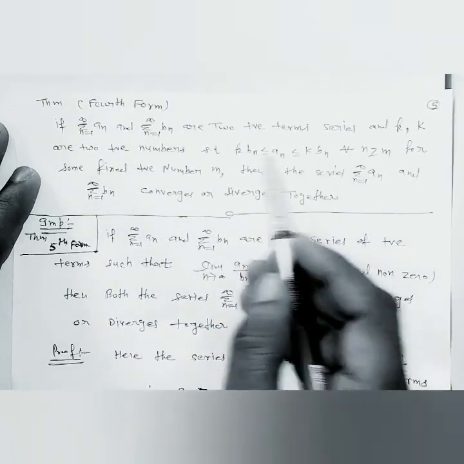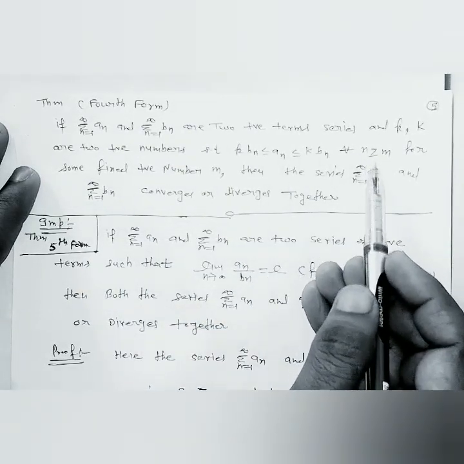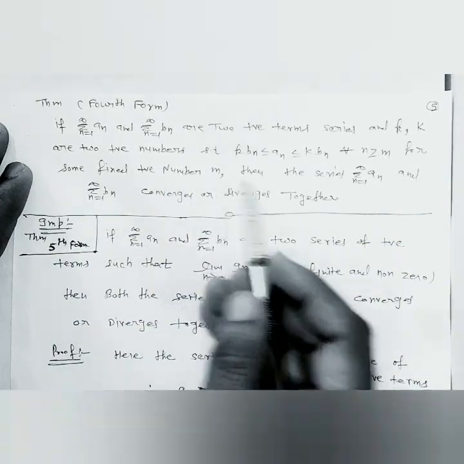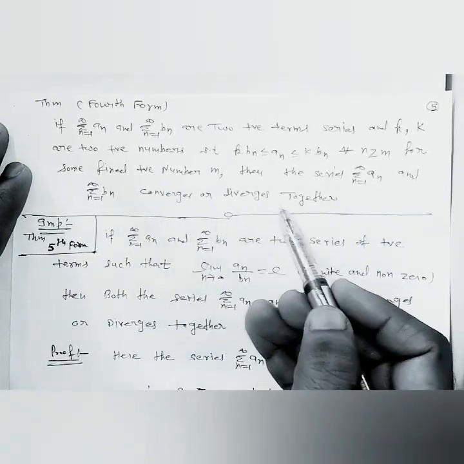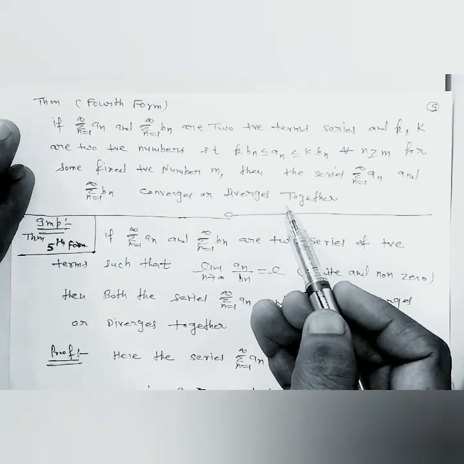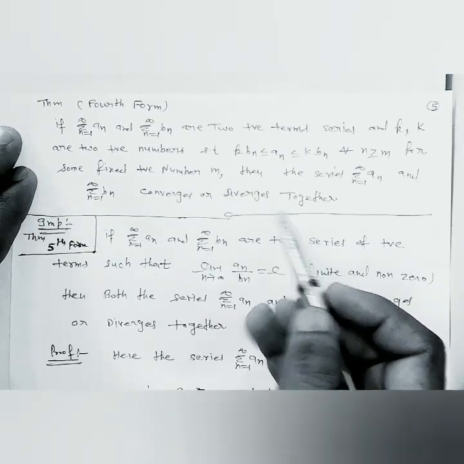In the second form, that is true for all n, and here that is true for n greater than or equal to m for some fixed positive integer m. Then show that series an and bn converge or diverge together. Do it yourself, same as the second form.